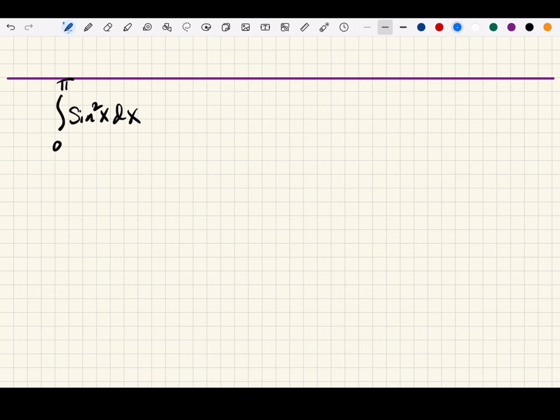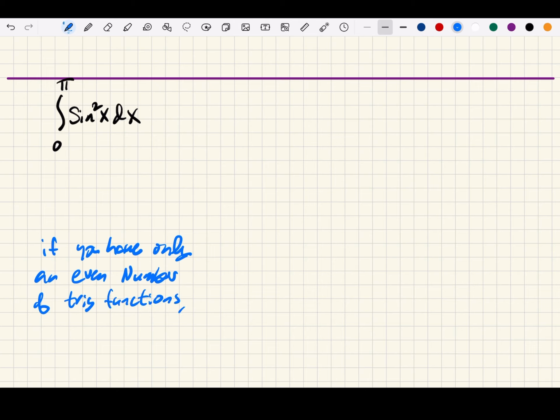So if you have only an even number of trig functions, use a half angle formula.